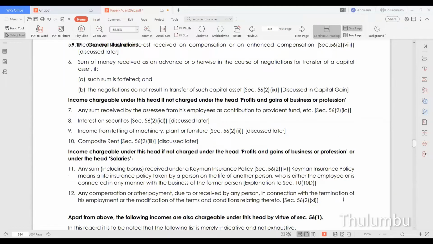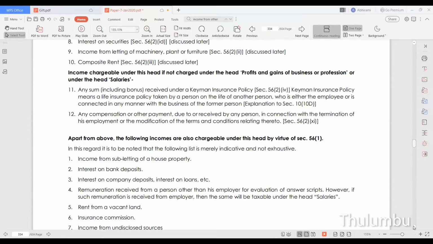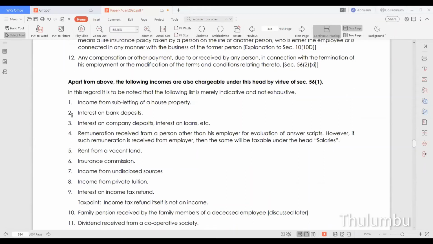So composite rate, salary, all these. So I would like to take this one first. Apart from above, the following income are also chargeable under this head by virtue of section 56 subsection 1.